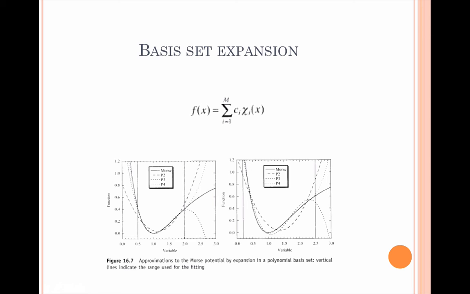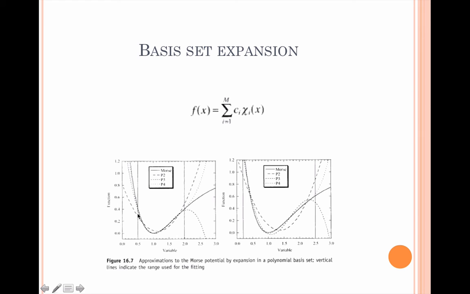These two examples here also contain an illustration again of the Morse potential, now represented in terms of a basis set expansion. The functions that we use as our basis functions here are polynomials to the second degree, to the third degree, and to the fourth degree. And again, you can see here that as we go up in order, we get a better agreement between the original function, the Morse potential, and the approximating functions.